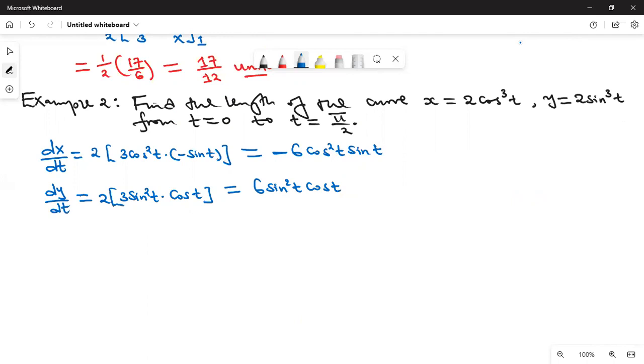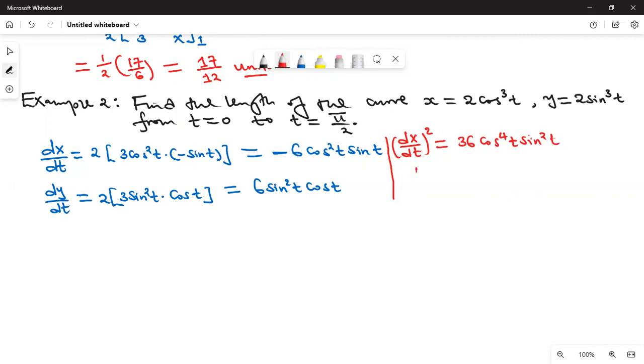So let's square each of them. So from here, we'll have dx dt squared. You square that, that will give us 36 cosine raised to 4 of t times sine squared t. We're just squaring.